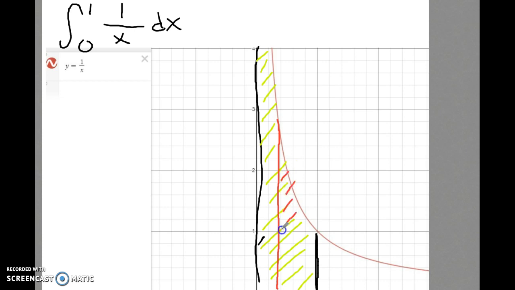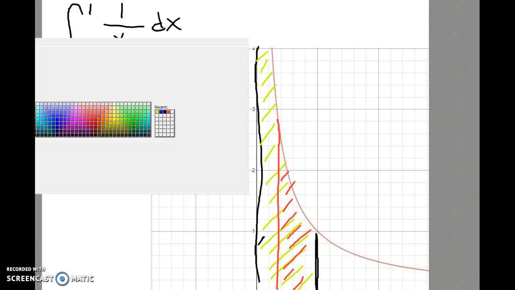That will give us a bounded region, so we know that it does have a finite area. We could calculate that area, and then find the area of this region for values of t like 0.1, 0.01, 0.001, so as t gets closer and closer to 0 through positive values.